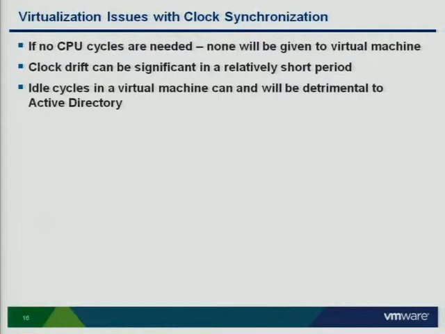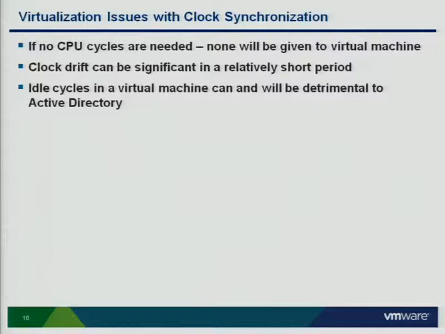Here's the challenge with a virtual machine. The way that VMware's hypervisor works is that it continually monitors the needs of the virtual machines running on that hypervisor. If it sees that a virtual machine is sitting out there and doesn't require any CPU cycles, guess what a virtual machine is not going to get?